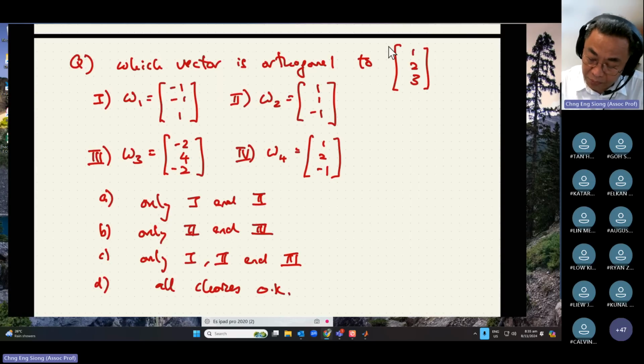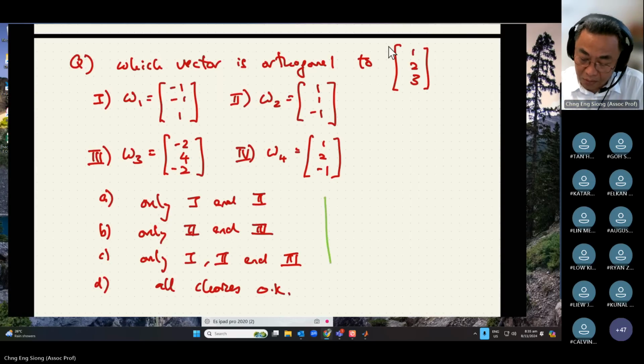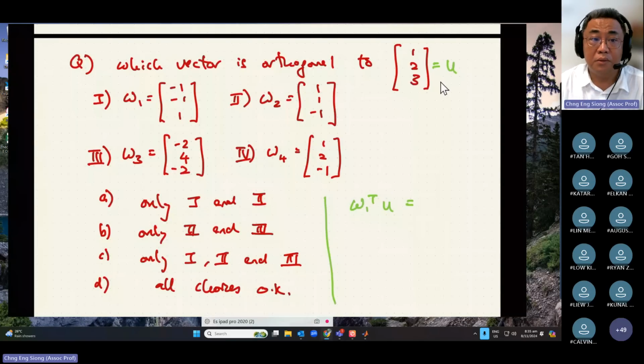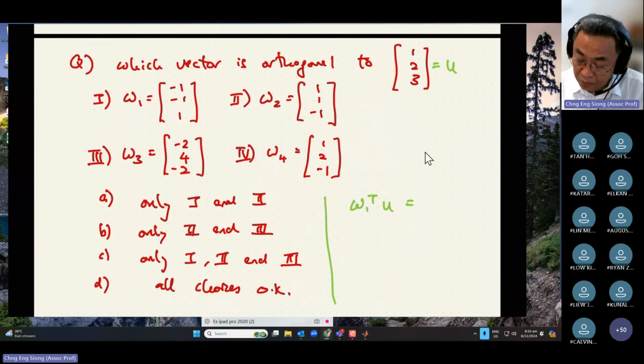So I'll just do a simple one first for you. So W1 transpose, let's call this vector, let's say U. And then you work it out. So -1 times 1 is -1, -2, -3 plus 3, 0.